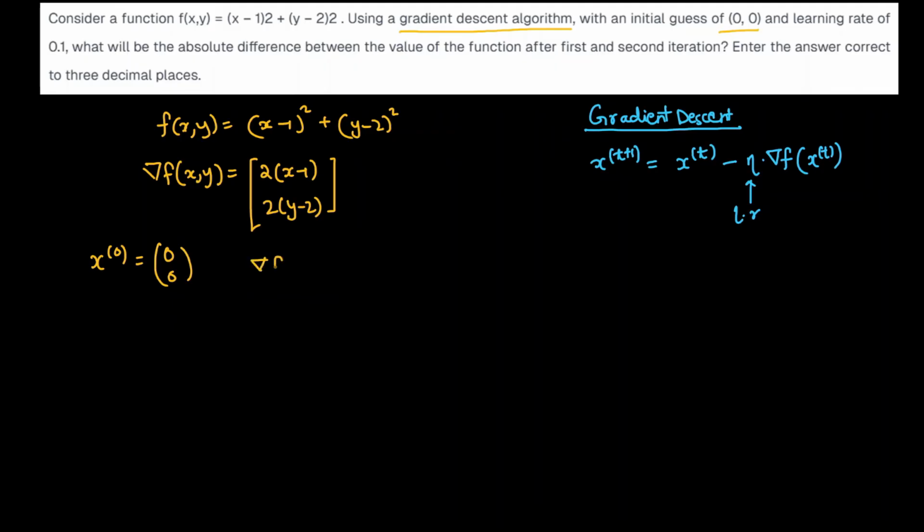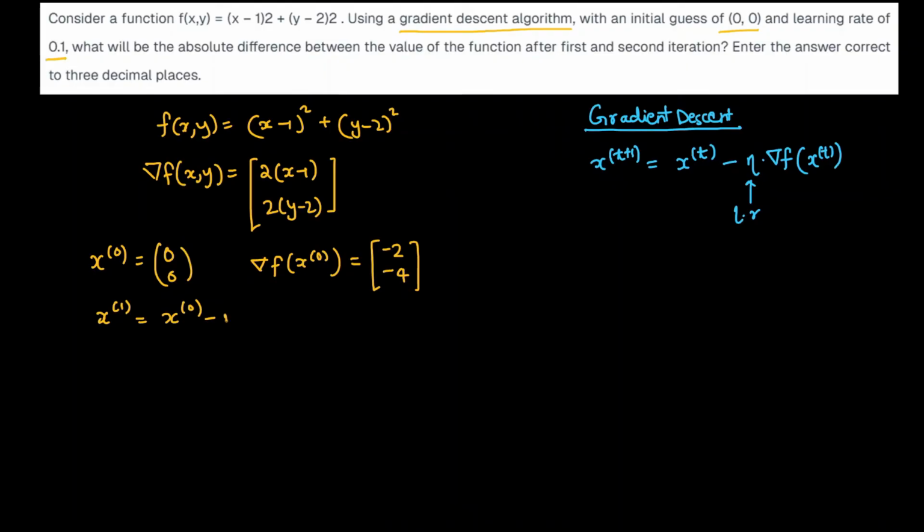So the gradient of f at x0 is 2 times minus 1 and 2 times minus 2, which is minus 2 and minus 4. Now we will find x1 as x0 minus eta times the gradient of f at x0, where eta is given to be 0.1.